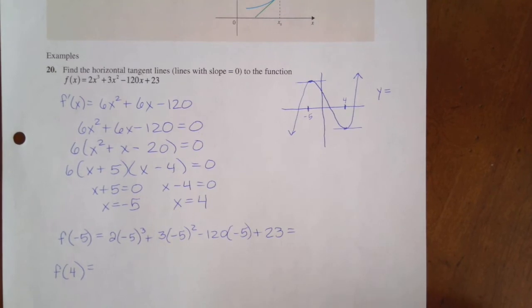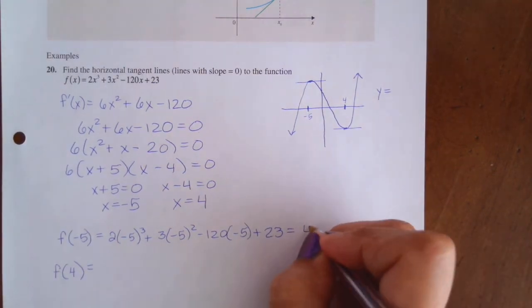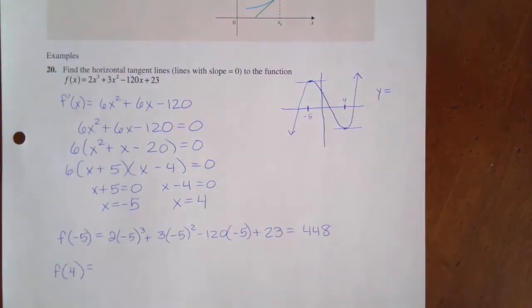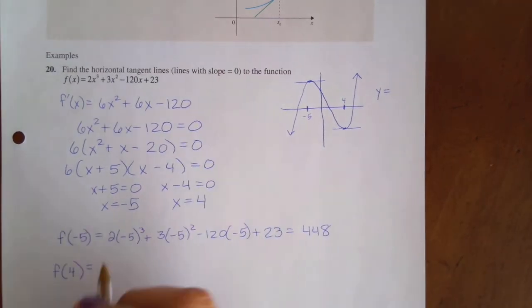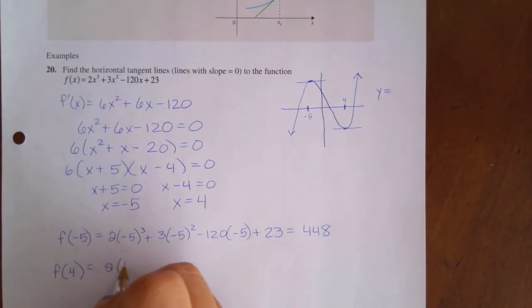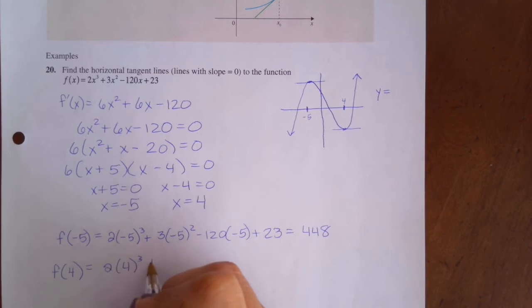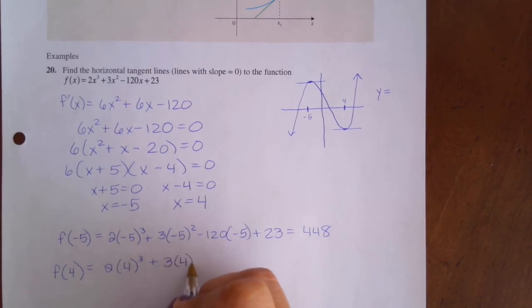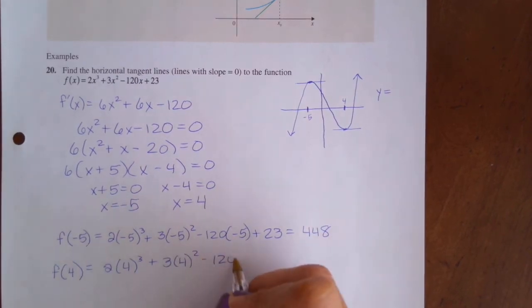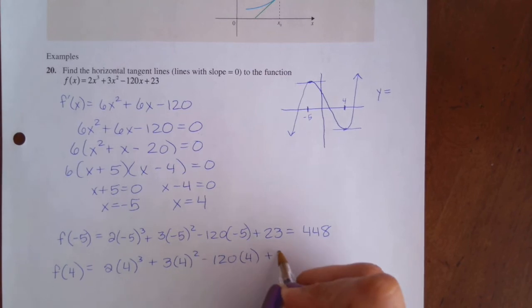I would use your calculator. Obviously, I don't want to spend time plugging all that in, so just plug that in just like that into your calculator. That will give you a positive 448. And then we're going to plug 4 in, so 2 times 4 cubed plus 3 times 4 squared minus 120 times 4 plus 23.